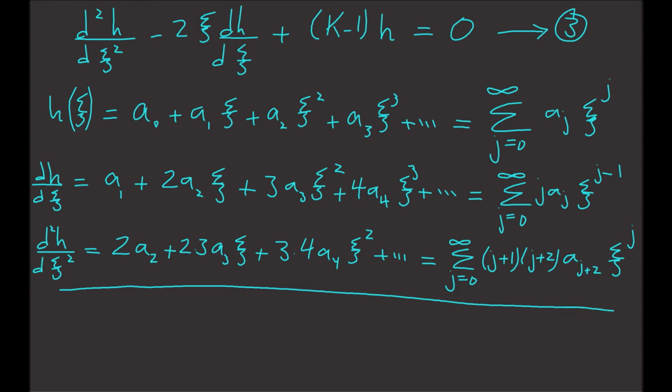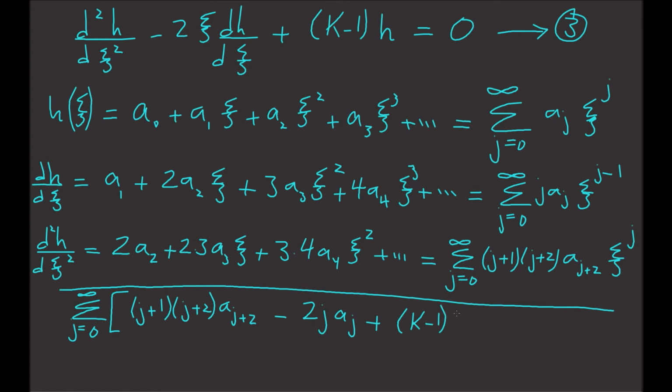When we do this, we get the summation when j starts from 0 to infinity of the second derivative, which is j plus 1 times j plus 2 times a sub j plus 2, minus 2 times j a sub j, plus k minus 1 times a sub j, all times squiggly to the j.